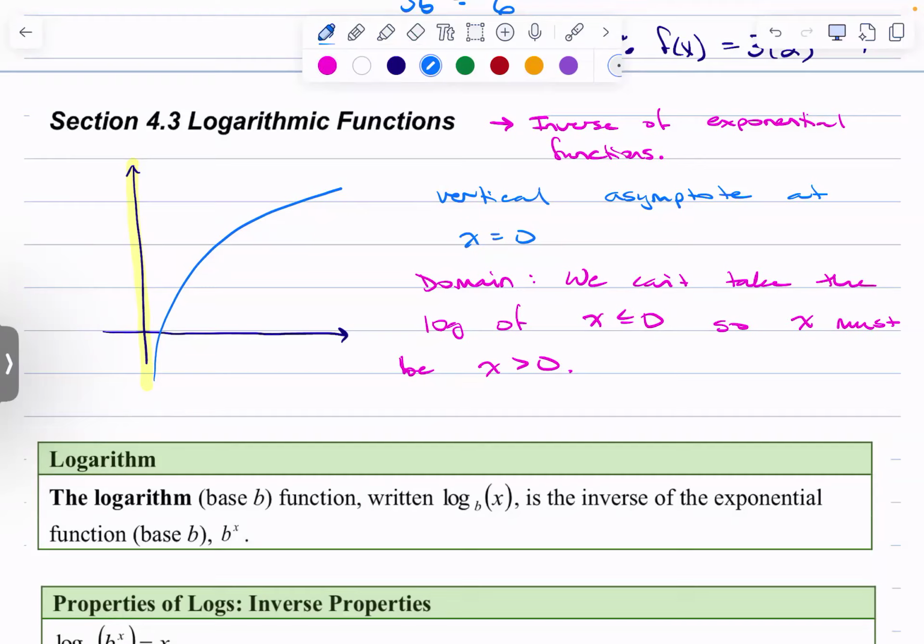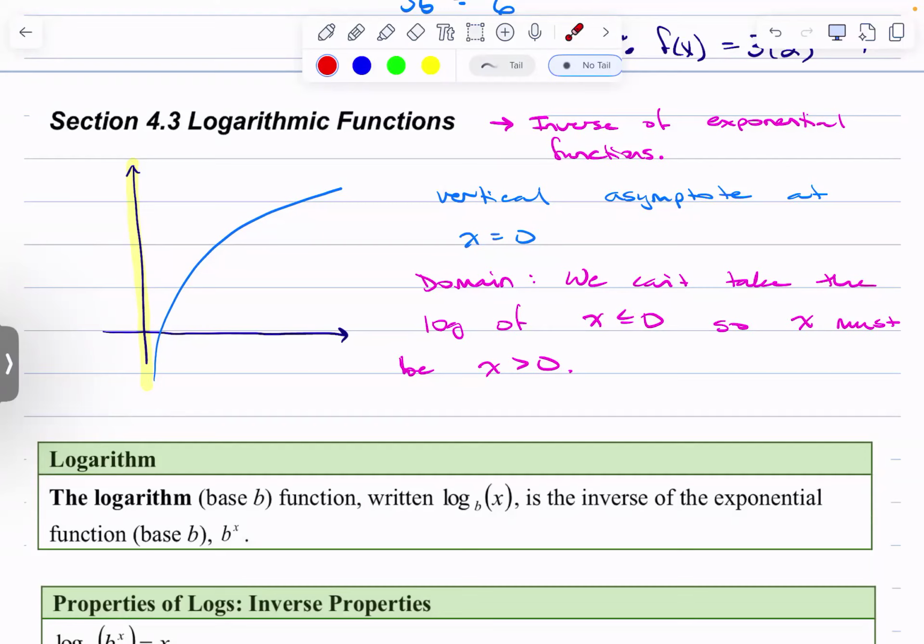A vertical asymptote at x equals 0, which means that it'll never be able to take a value of x equals 0. It's going to approach it, but never get there. And so remember how we have those two things that we need to check for our domain, right? I can't divide by 0, and I can't take the even root of a negative number.